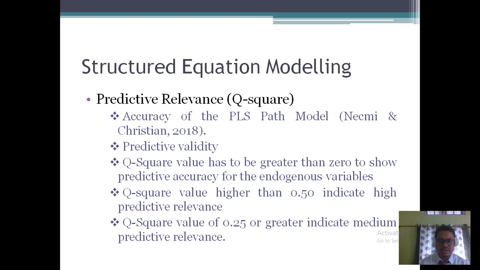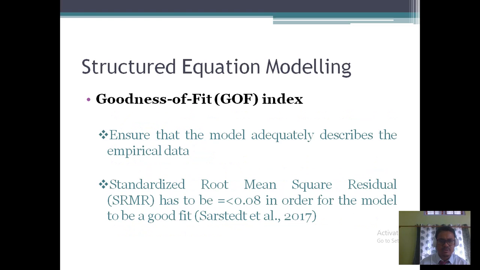Q square value higher than 0.50 indicates high predictive relevance, whereas Q square value of 0.25 or greater indicates medium predictive relevance. So Q square in structural equation modeling is used in order to evaluate the predictive validity of the structured model.